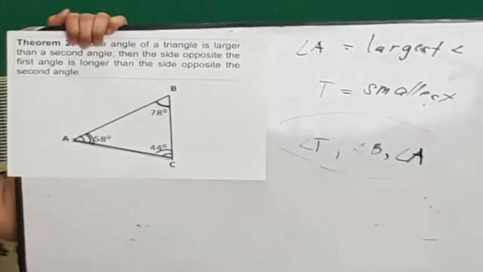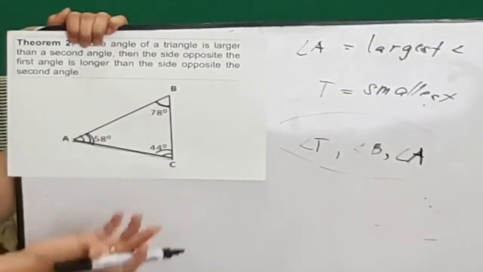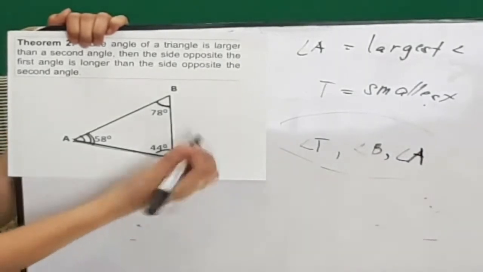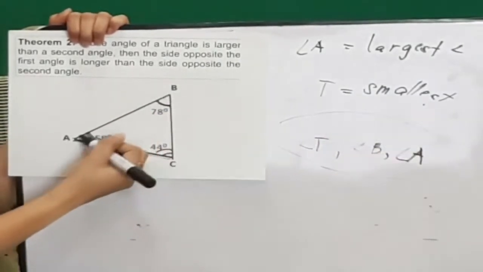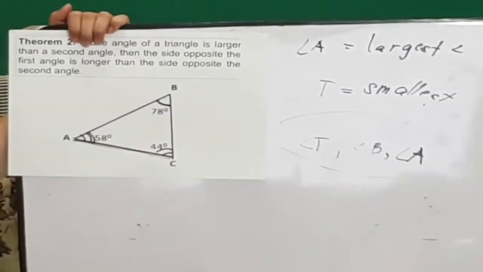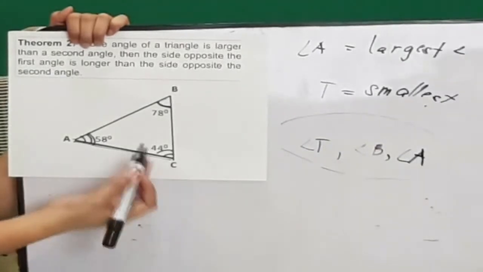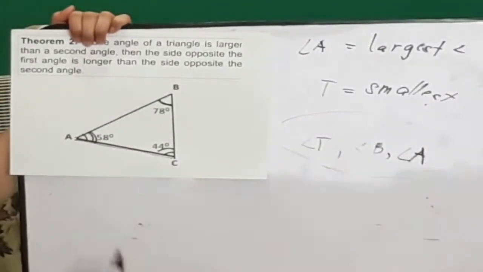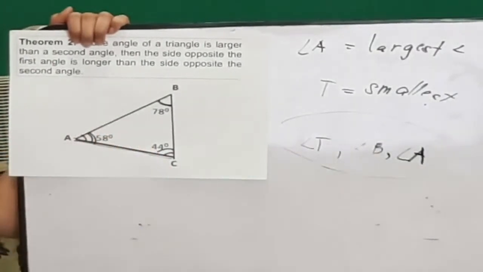Now, class, what do you think is the shortest side of this given triangle? So, by Theorem 2, that is side BA or side AB. Since angle C is the smallest angle, which is 44 degrees, then we can say that its opposite side is the shortest side.